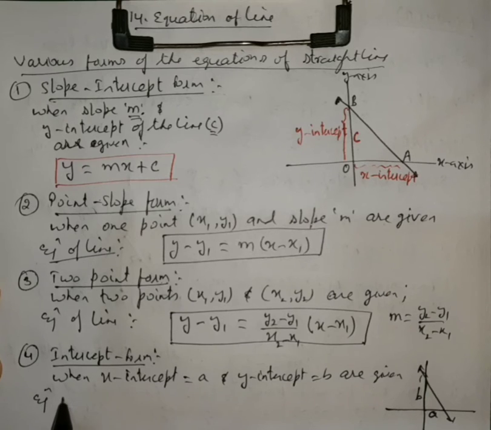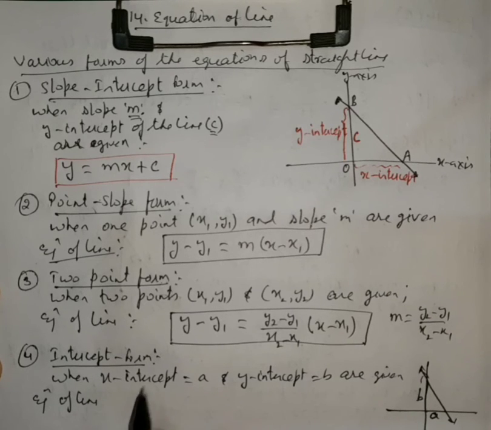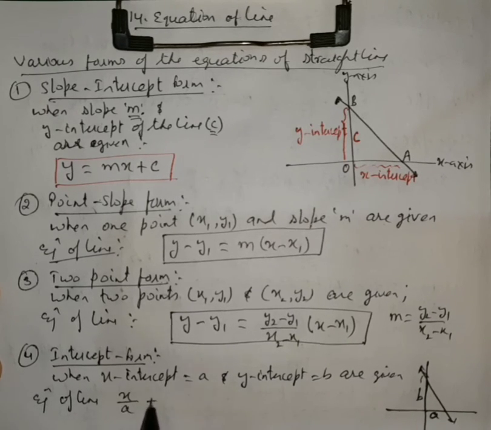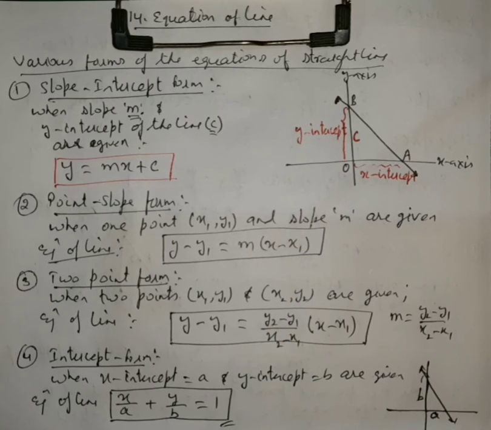Then the equation of line will be of the form x over a plus y over b is equal to 1. And this is called the intercept form.